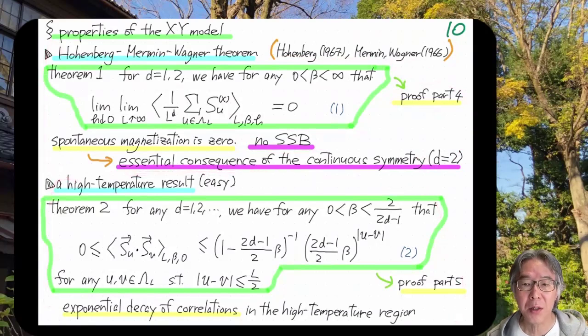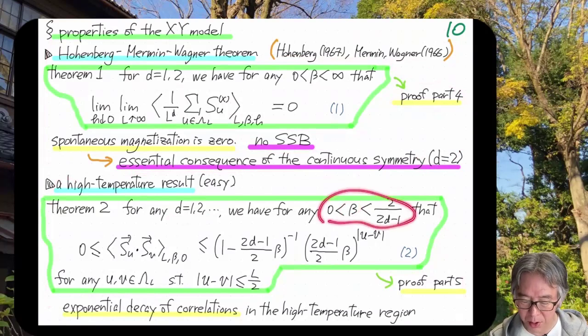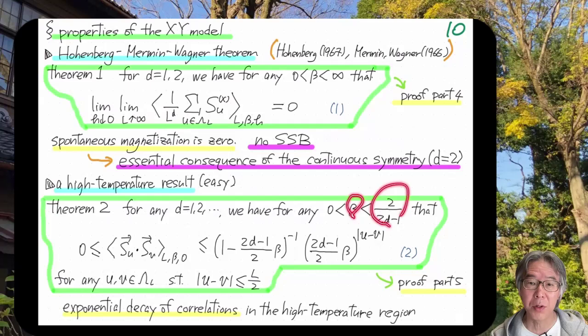And this is an easy thing. If you go to high temperatures, things are rather normal. So in any dimension, if you are at sufficiently high temperature such that this is valid, so beta is the inverse temperature, it should be smaller than this thing. And then this is a 2-point correlation function at 0 magnetic field, at vanishing magnetic field. And this correlation function is always non-negative, and it's less than this.